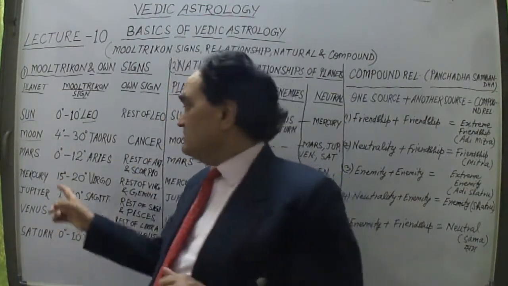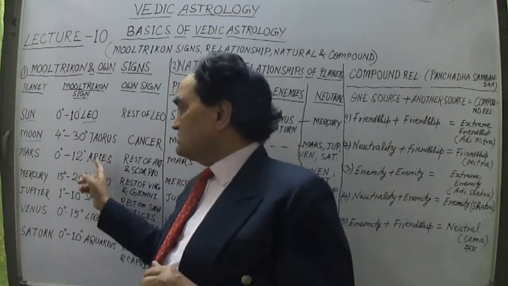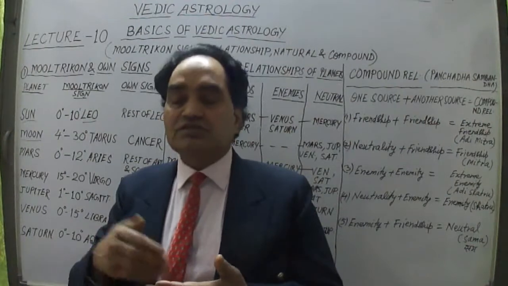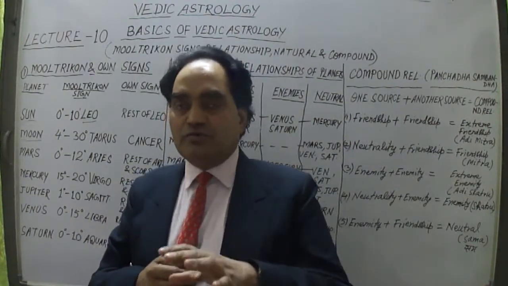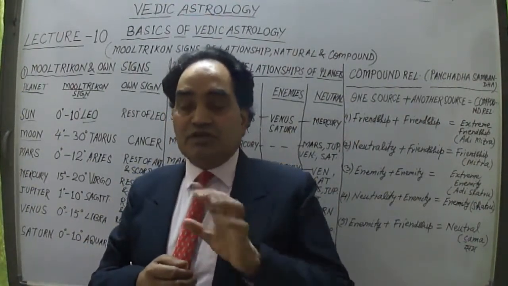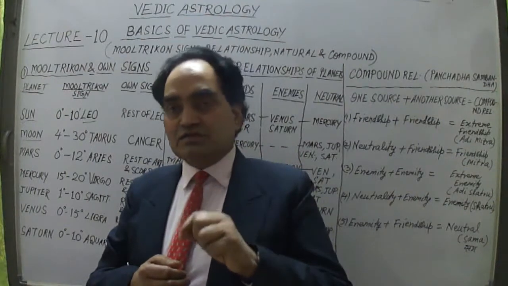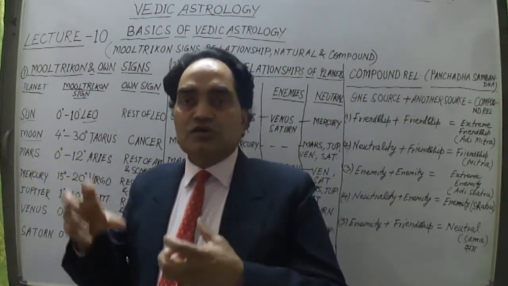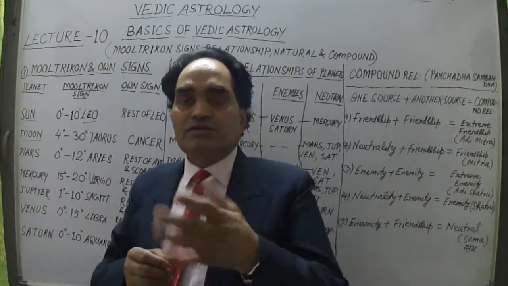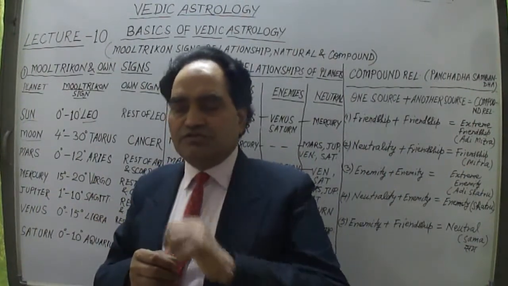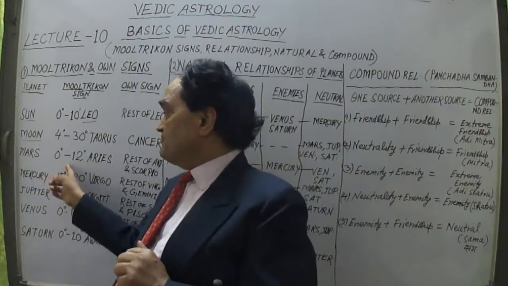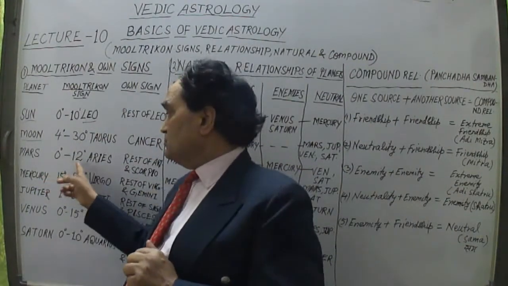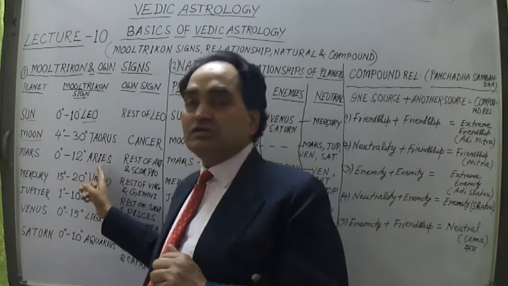Now come to Mars. Mars is the lord of Aries sign. Aries sign and Scorpio sign, as you know, the first sign and the 8th sign, are the two signs lorded by Mars. So Mars has its Mooltrikon sign from 0 degrees to 12 degrees in Aries.